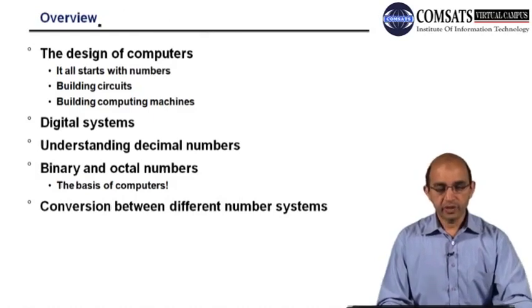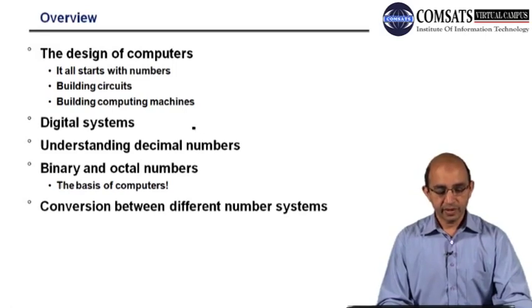Whenever we talk about the design of the computer system, we have to start from the number system. As mentioned, the binary number system is the basic building block for the computer system. Ultimately, on the basis of that number system we design different circuits, and then we build different computing machines.